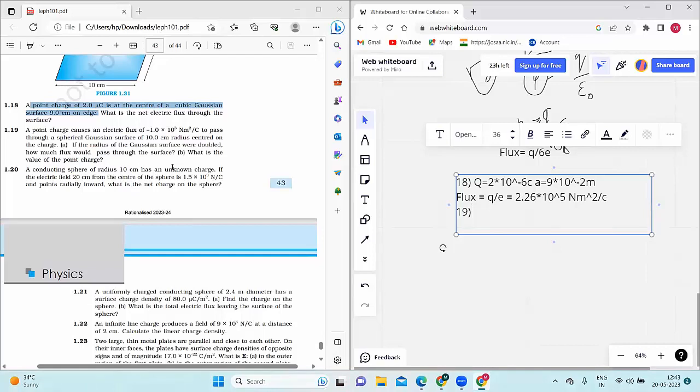By changing the radius of the Gaussian surface, the flux linked by the object does not change, because the flux linked is irrespective of the radius and shape of the Gaussian surface. It only depends upon the charge enclosed by the surface and the medium in which it is placed.